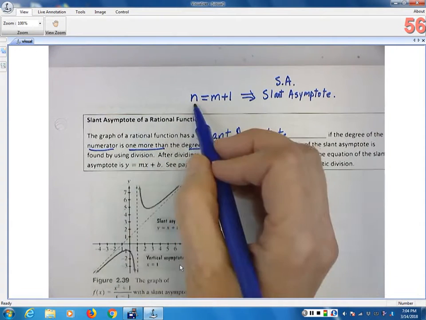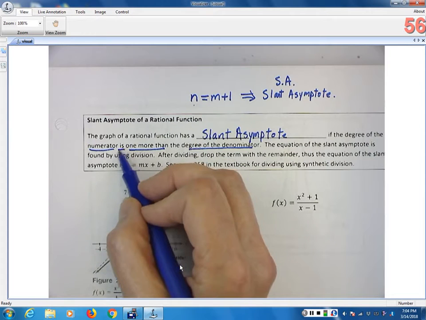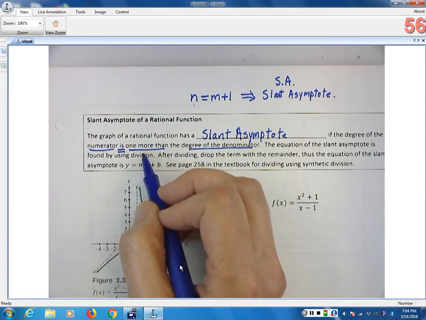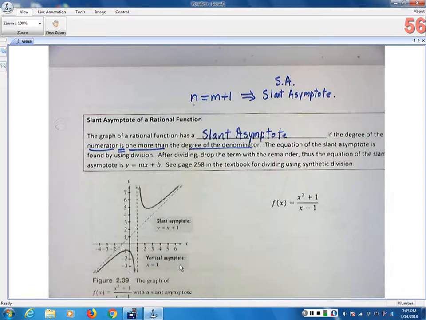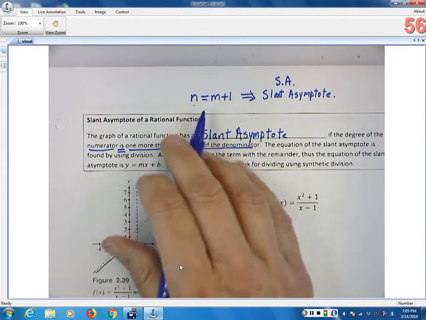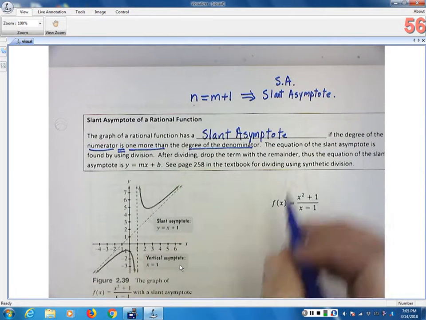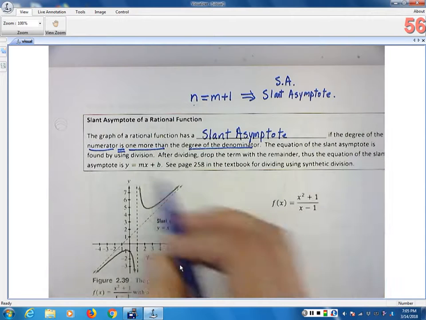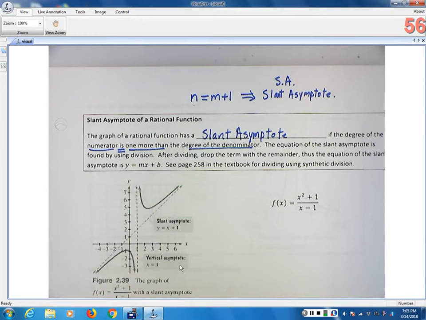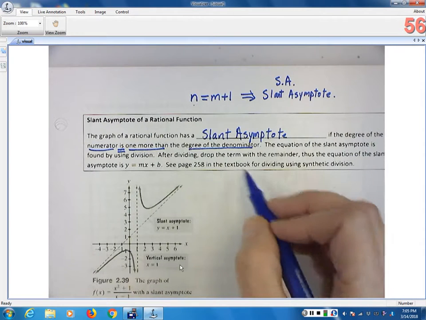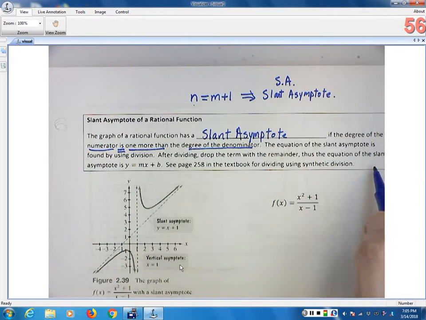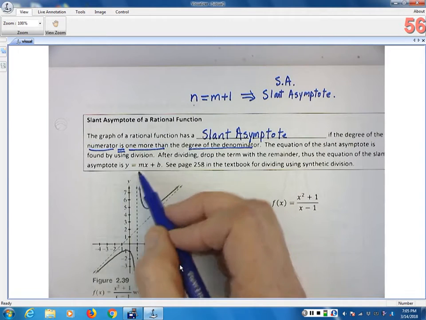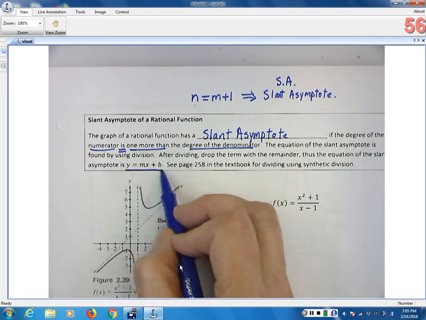If n is 1 plus m. This is what it looks like. Those words translate into this equation. The equation of the slant asymptote is found by using division. After dividing, we'll drop the term with the remainder, and the equation then of the slant asymptote will be y equals mx plus b.